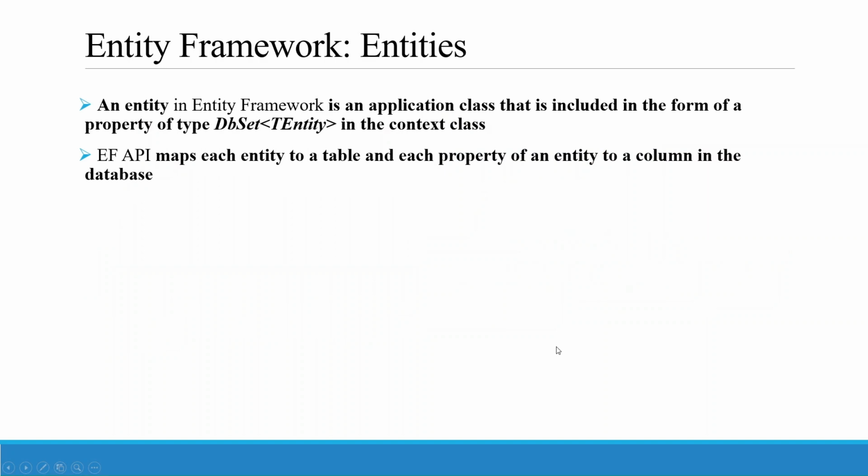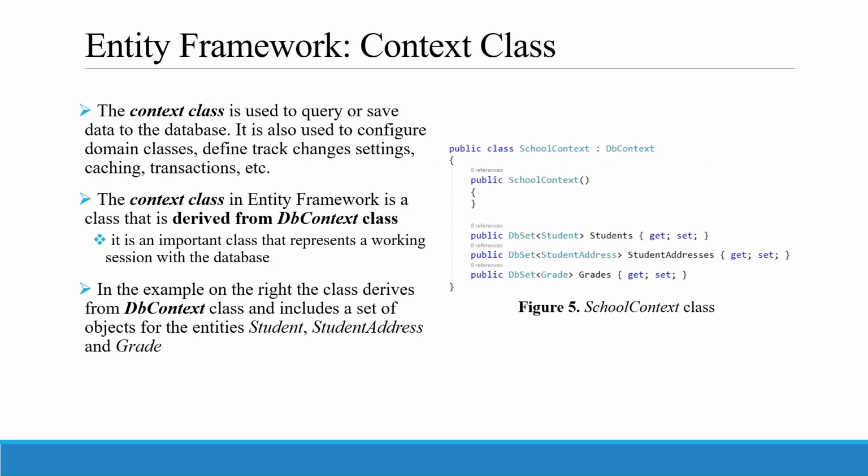An entity in Entity Framework is an application class that is included in the form of a property of type DbSet in the context class. So basically, here we have how many entities? Let me see.